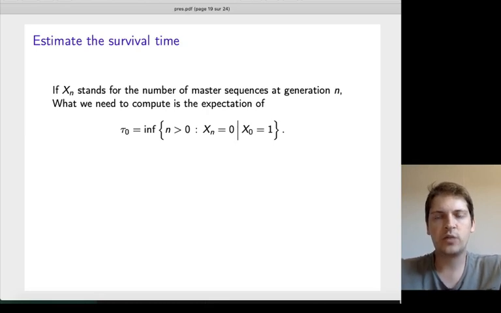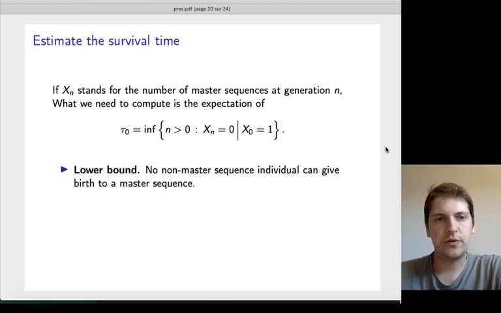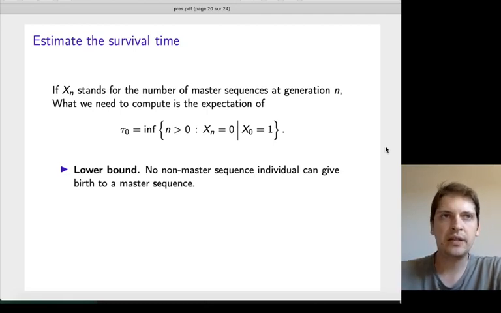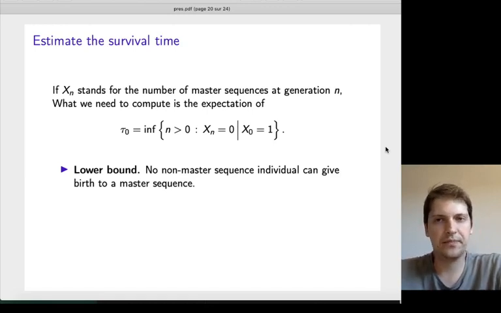So what we do is we're going to build two Markov processes that will bound from below and above the real number of master sequences. So let's first focus on the lower bound. In the lower bound, we say that master sequences can reproduce and mutate, but non-master sequences will never give birth to master sequences.